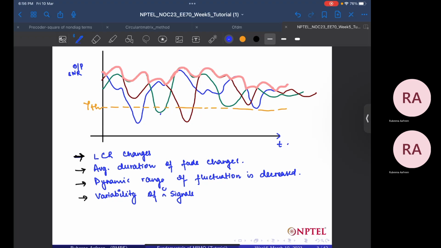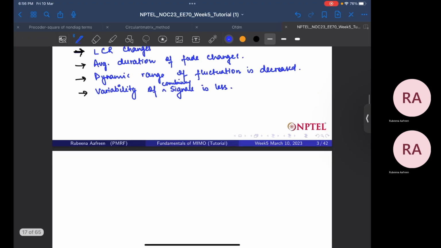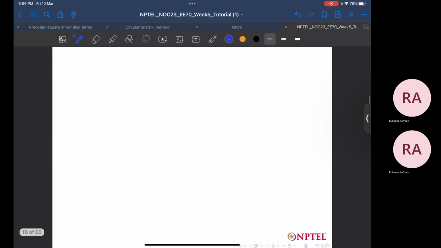The variability of the combined signal, because we are doing combining at the output, is less. And the signal average is also increasing, because essentially now the power is more. So some mathematical stuff we will discuss now.